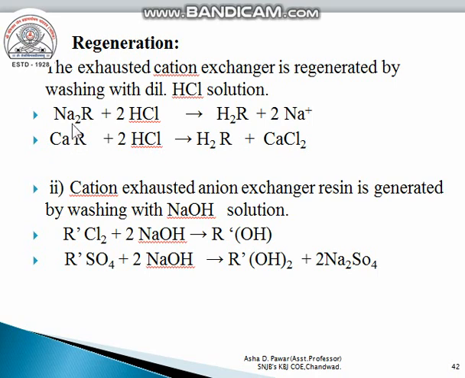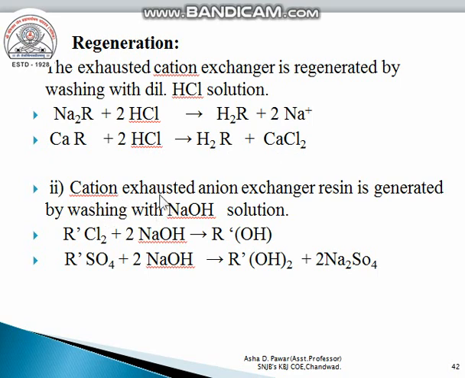For the exhausted bed, Na2R or CaR, if we pass dilute HCl, an exchange reaction takes place between Na2R and HCl, and the bed is converted again into the active bed H2R, plus the waste NaCl. In the second reaction, if the bed is CaR, that is with calcium cation, it is converted into H2R again and CaCl2 as waste.